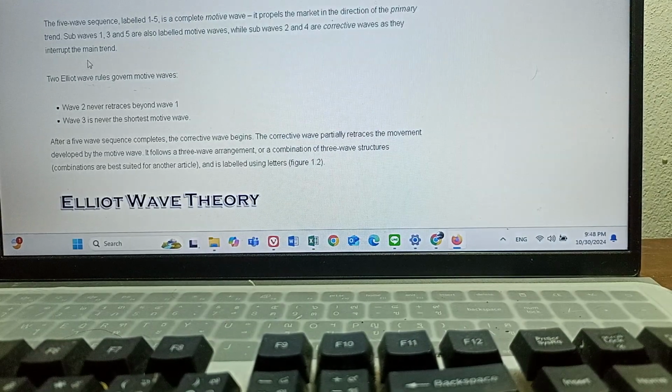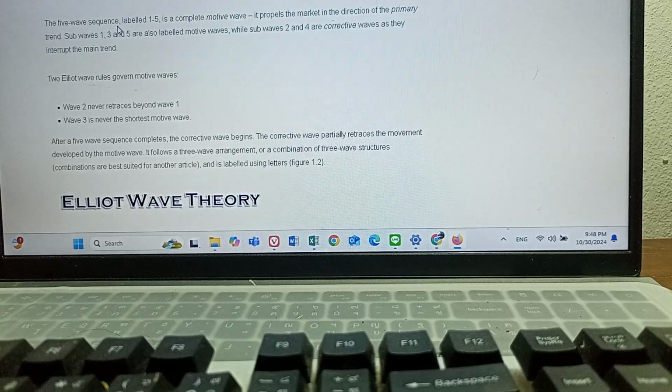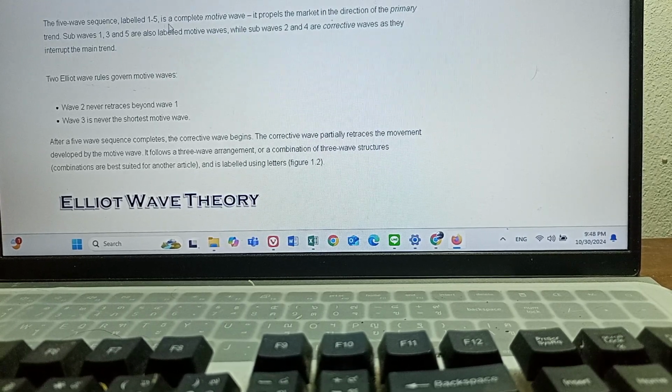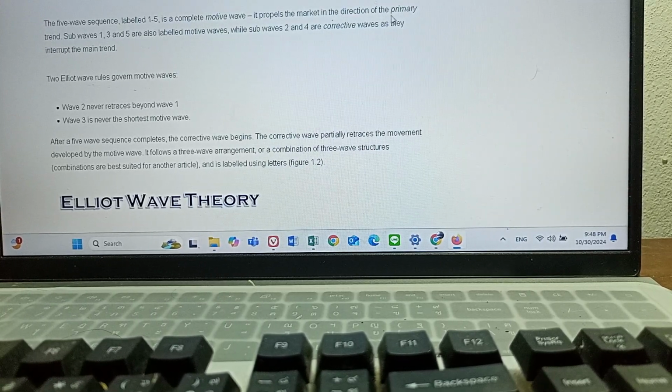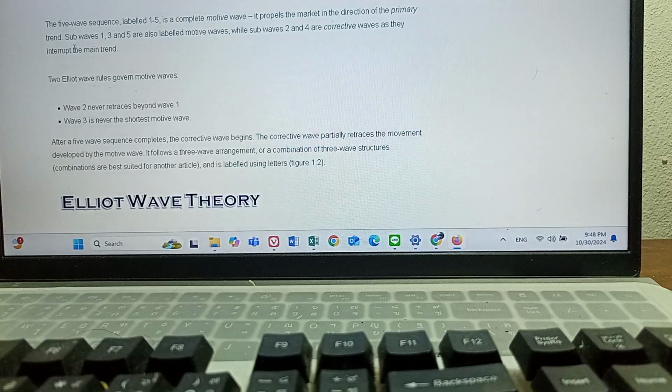Figure 1.1. The wave sequence labeled 1 to 5 is a complete motive wave. It propels the market in the direction of the primary trend.